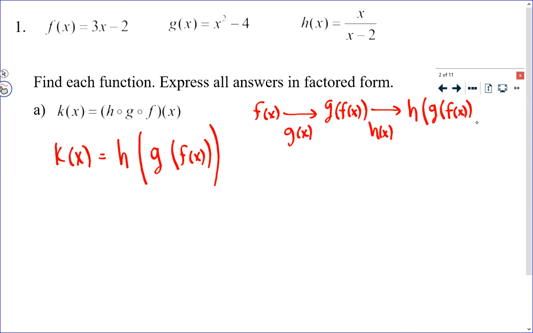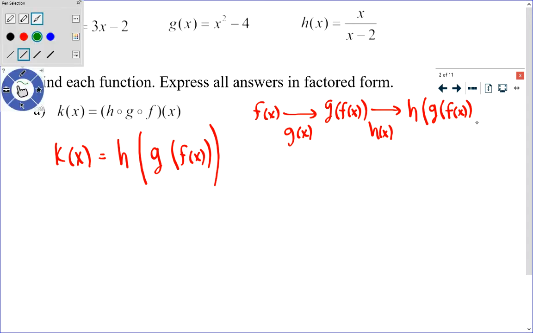Another way that we can look at it, rather than using that diagram that I just drew, and this might be useful for some of you, is to say we need to take f of x and substitute it in to g. Then we need to take the entire thing that comes out of that process and substitute it in to h.